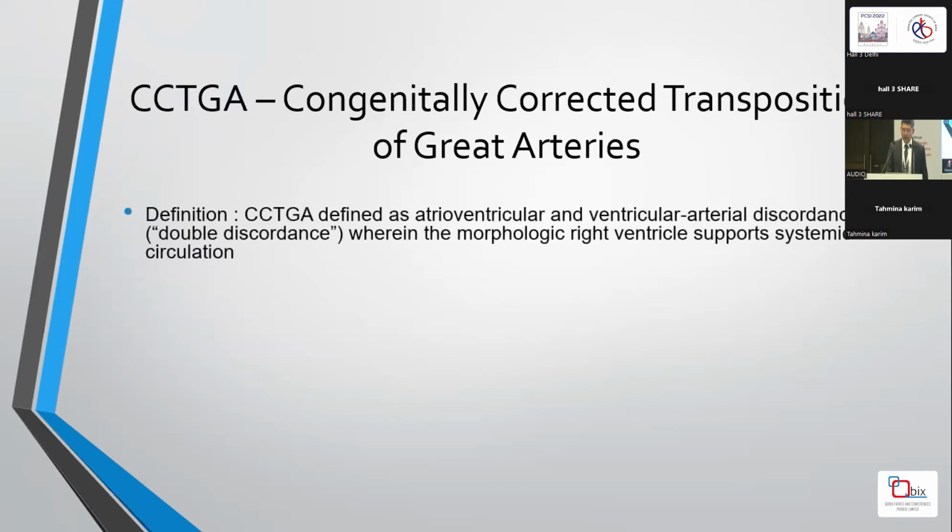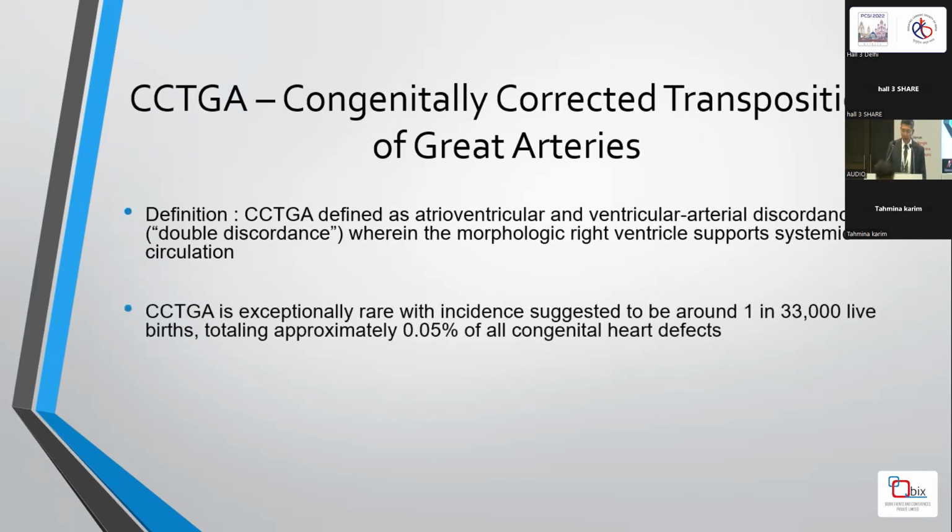As I said, it's defined as a double discordance where the morphological right ventricle supports the systemic circulation, and it's extremely rare. The condition occurs only in 1 per 33,000 live births and 0.05% of all congenital heart disease.